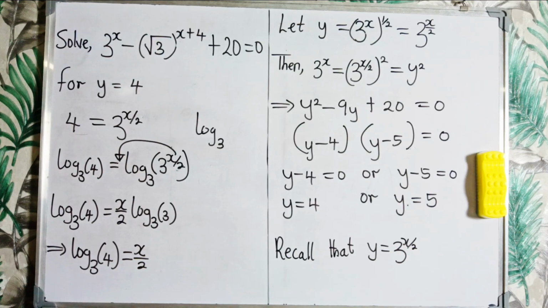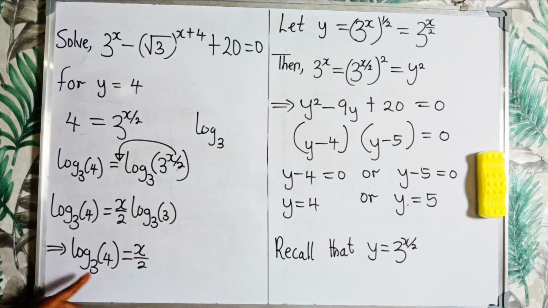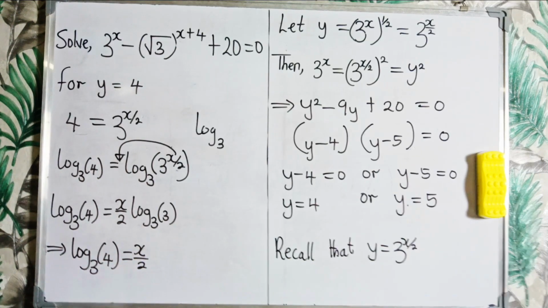Now, what's the next thing to do? What we are looking for is just the value of x. We are going to multiply both sides of the equation by 2 so that we can get rid of this number 2.